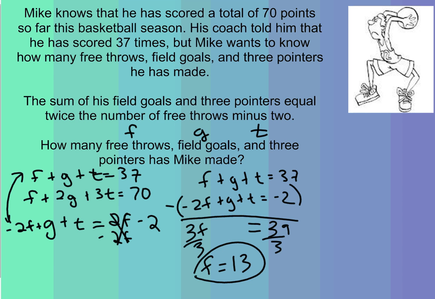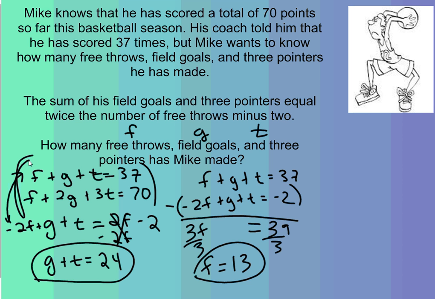Okay, so G plus T equals 2 times F minus 2. So G plus T is going to be equal to 26 minus 2, so that's going to be 24. Now that I've got this, I can figure out the rest of it. Now that you know F is 13, put that back in here and you're down to a system of 2 equations.